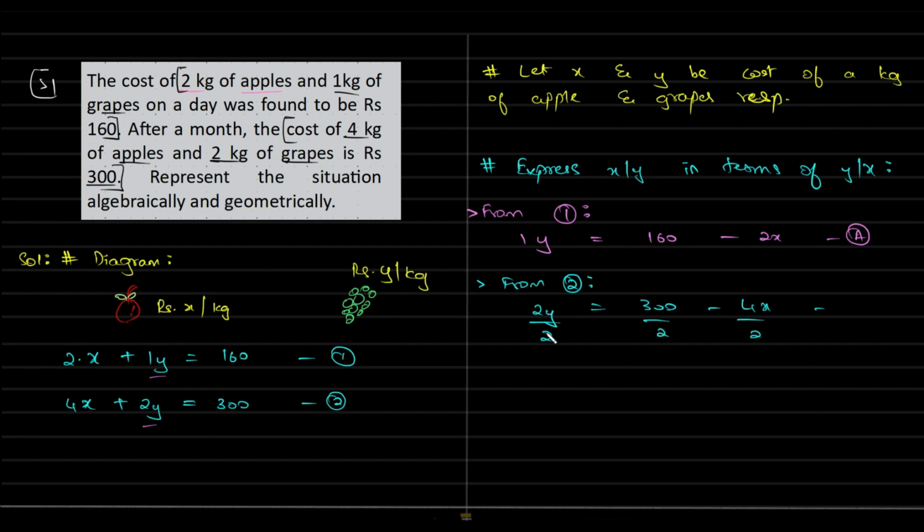Just divide by the factor of y. Since all of the terms are divisible by 2, I can do so. If not, it's not complicated, but a bit of extra calculation if the factors don't cancel each other out. In this case, it's canceling. So whenever it cancels, be happy for yourself, right? So we got the expression.